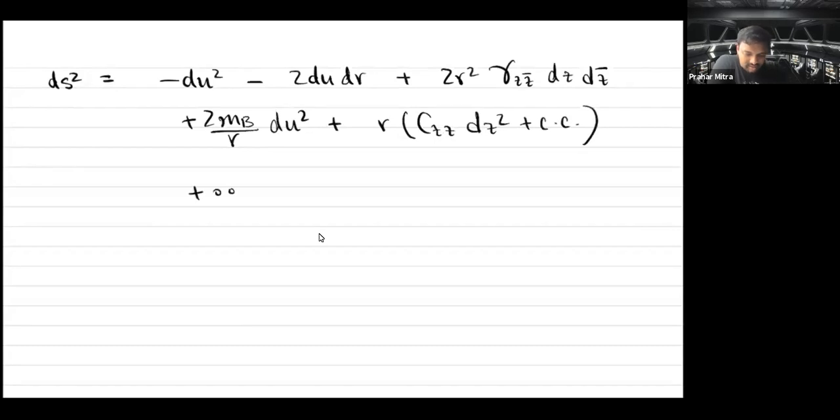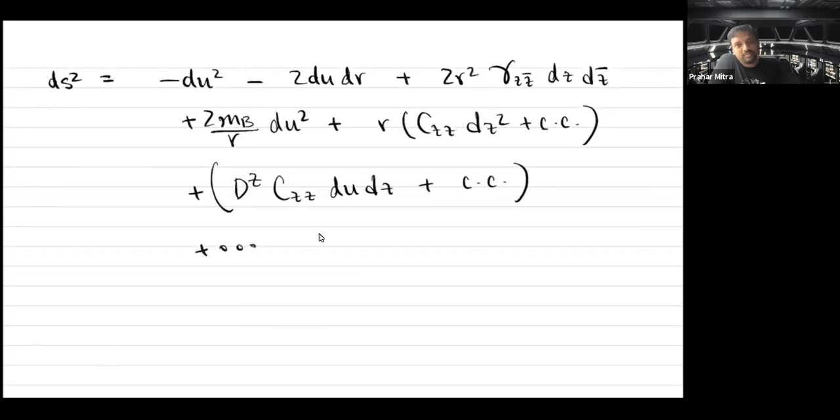And then there's other stuff. Well, maybe let me write one more, dz, CZZ, and then subleading terms. Okay, this is the asymptotic form of the metric. So this is the class of spacetimes that I'll be studying.